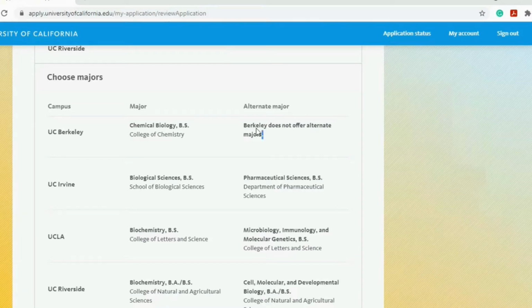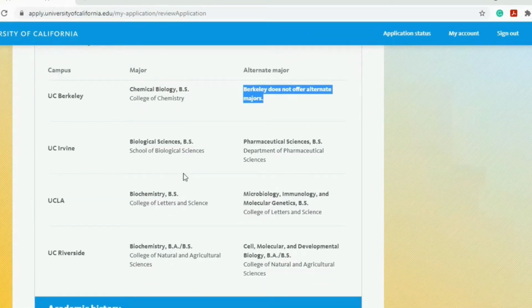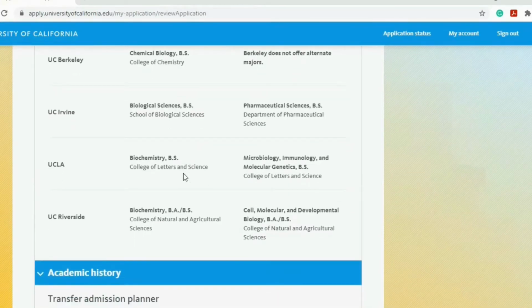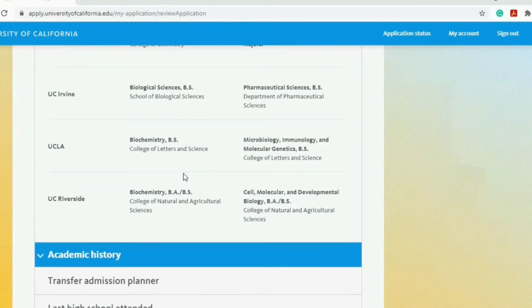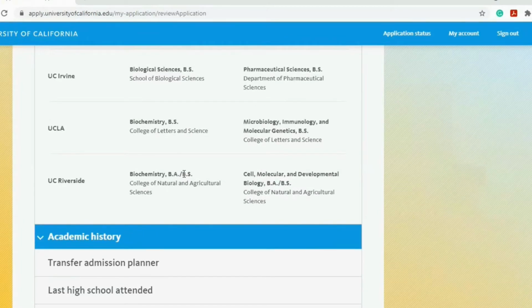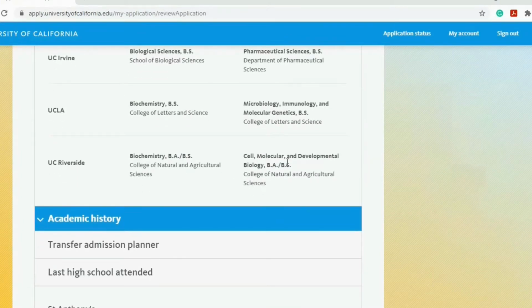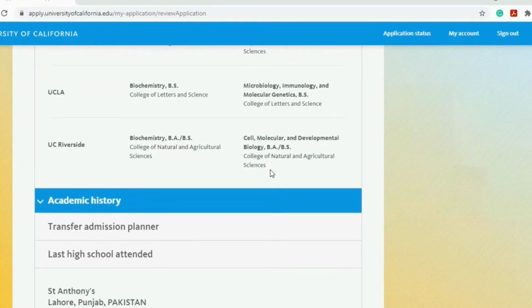UC Berkeley did not offer any alternate major, so I had no alternative. At UCI, it was biological sciences, and the alternative major I selected was pharmaceutical sciences. At UCLA, it was biochemistry, and for alternatives I selected microbiology, immunology and molecular genetics. At UCR, it was biochemistry, and the alternative major was cellular, molecular, and developmental biology.